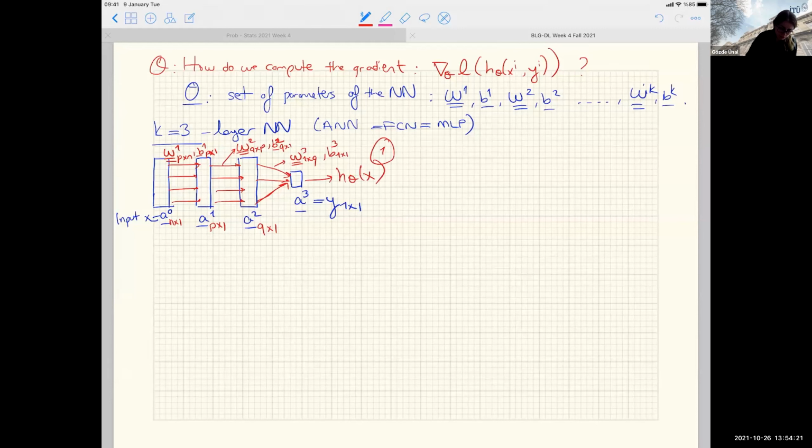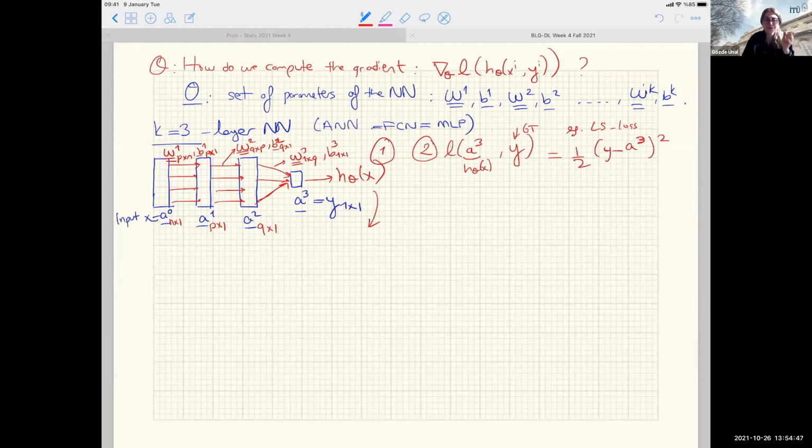But first, let's also write the loss function. Loss will be between A3, which is actually my hypothesis, the last activation, and Y, the ground truth. So let's say, e.g., this is least squares loss, 1 over 2 times (Y minus A3) squared, right?